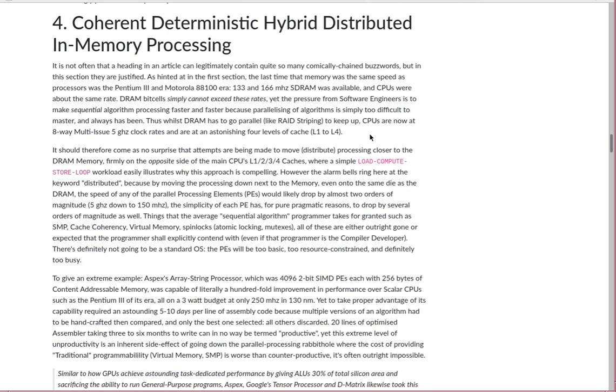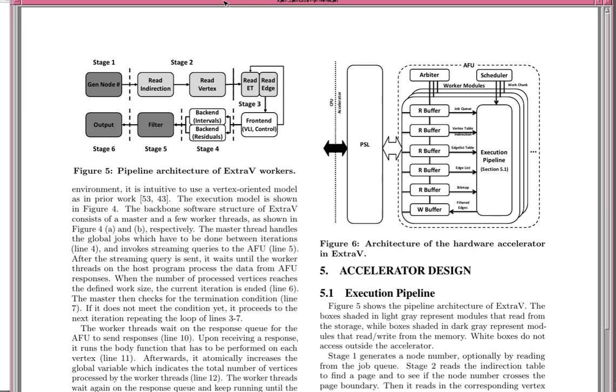So there were 2 pieces of work that I spotted, which are very significant. One was something called ExtraV, an accelerator system where you have processing managed by OpenCAPI close to the memory.